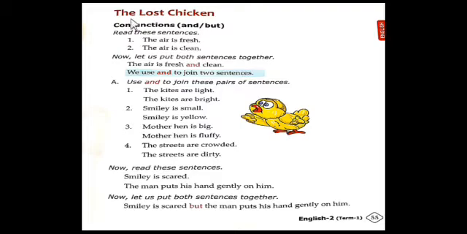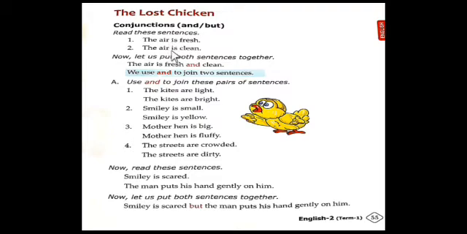So students, read these sentences. The first one, the air is fresh. Second one, the air is clean. Here we can see there are two sentences.